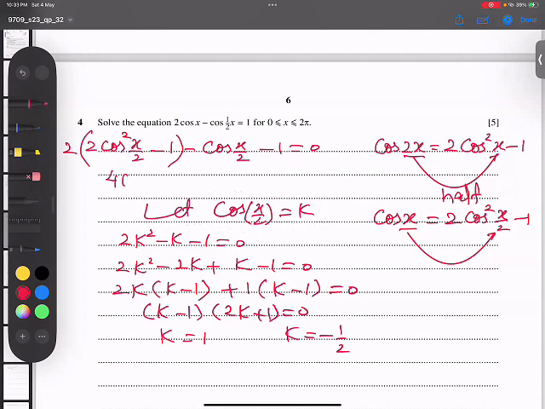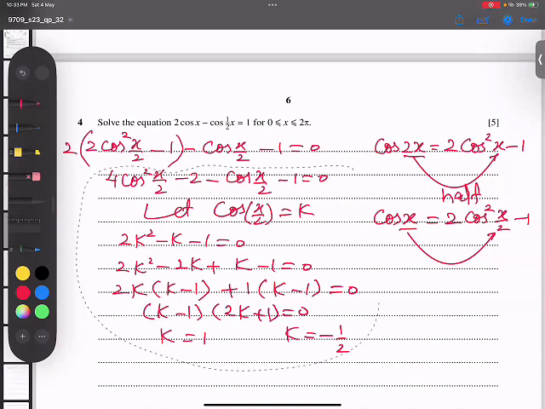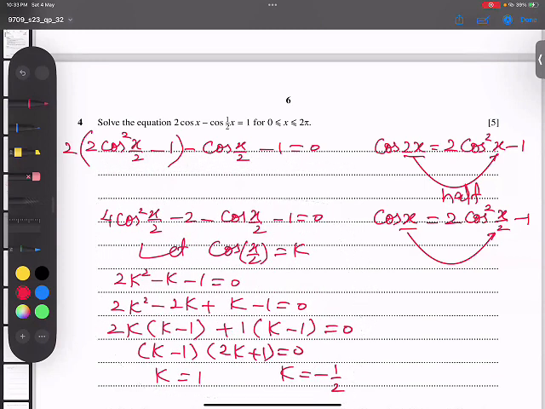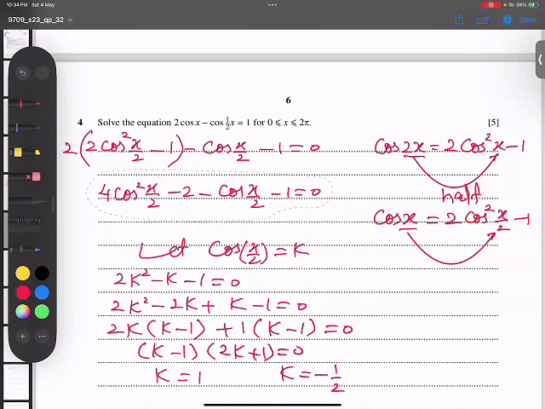So I'm getting 4 cos square x by 2, 2 ones are 2, and negative cos x by 2 minus 1 equal to 0. Finally, there was a small mistake here, but now reordering: 4 cos square x by 2 and cos x by 2 and minus 1 becomes minus 3, equals 0.